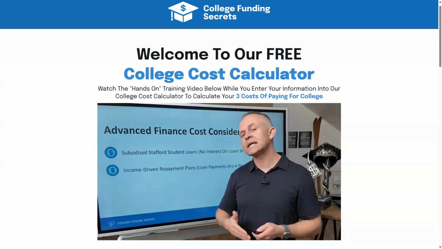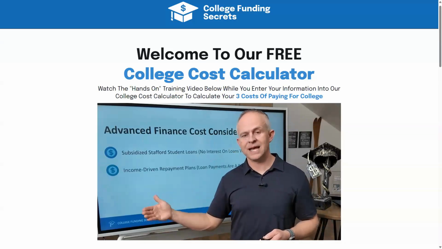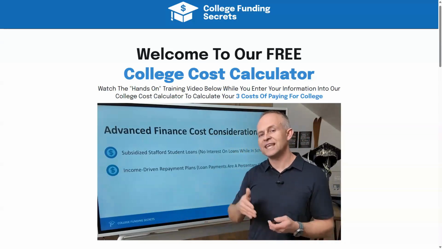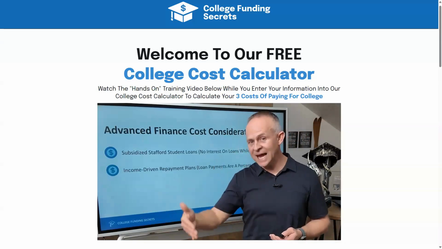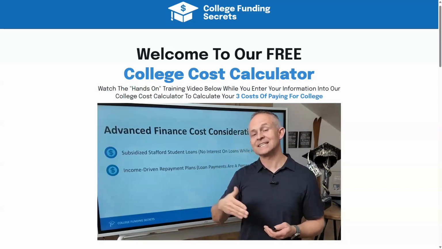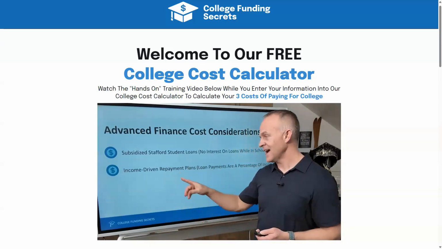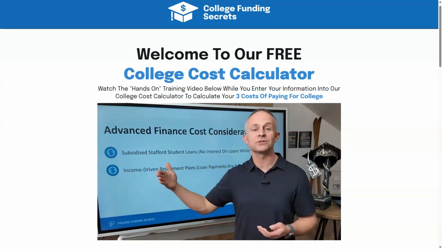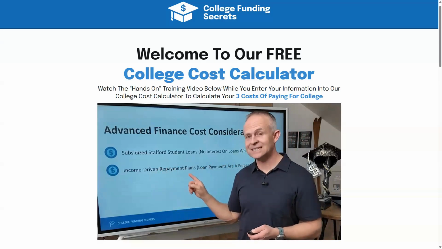But what about income-driven repayment plans, where the loan payments are a percentage of the income of the parent that takes out the loans for a certain number of years, and then the rest of the loans are forgiven? Something to consider.